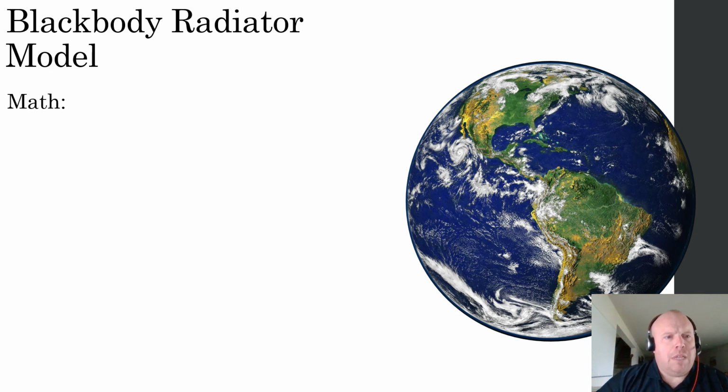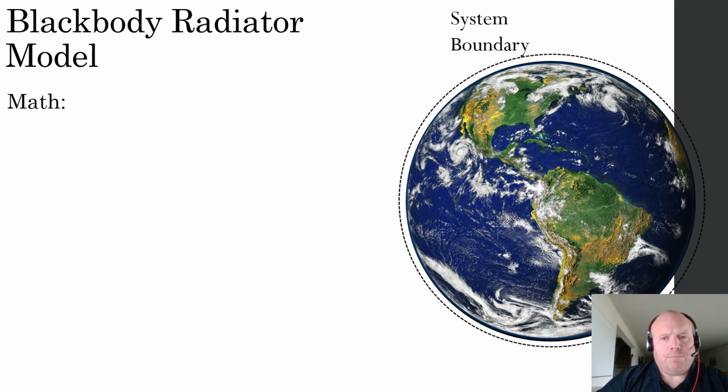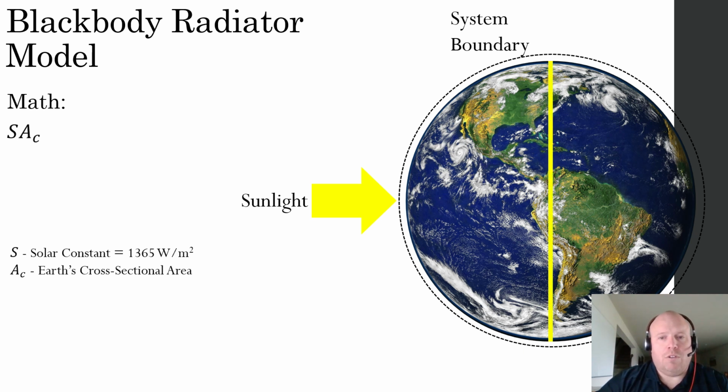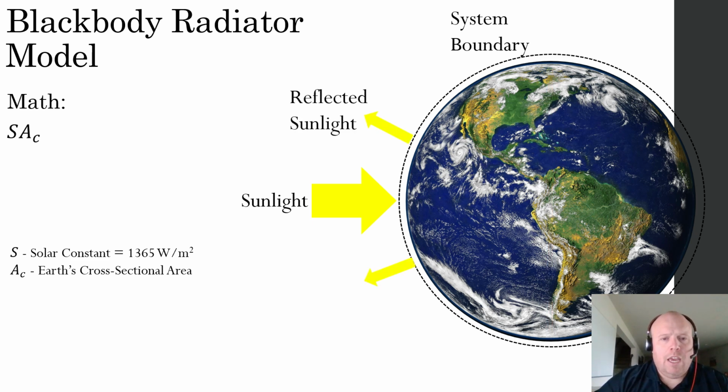Let's see. This is the black body radiator model, and I'm going to have math here for some math nerds. How do they get that? With the black body radiator model, they define a system boundary, and they evaluate sunlight coming in. That sunlight hits the Earth over the cross section of the Earth, so pi r squared, assuming the Earth is a sphere, and then you subtract out what's reflected, which depends on the albedo, which is 30%.